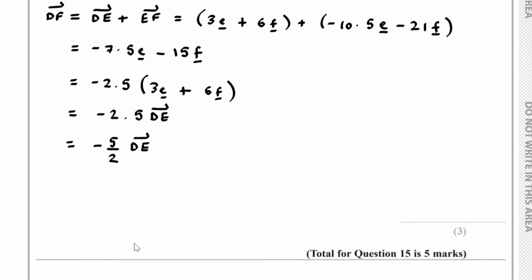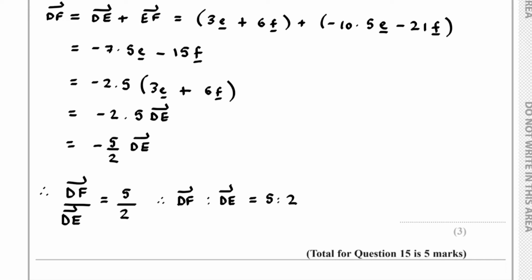And so if we are considering the lengths, we've got DF over DE, that will equal 5 over 2, and that's because lengths are positive, and therefore the ratio DF to DE, that's equal to 5 to 2.